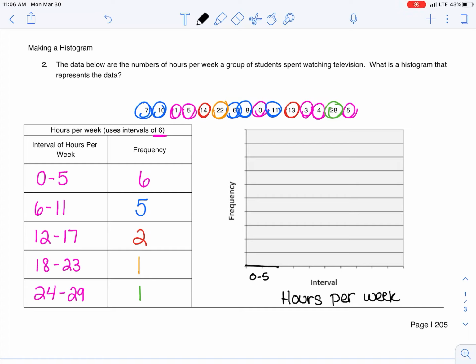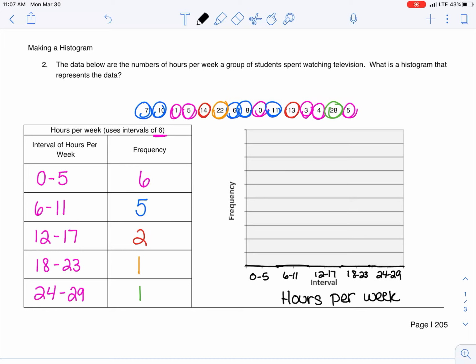Okay, then we have our next interval. Since they have to be of equal width, we're going to go again. And we have 6 to 11. Again, equal width, so we have 12 to 17 here. Then we have 18 to 23. And our last interval is 24 to 29.